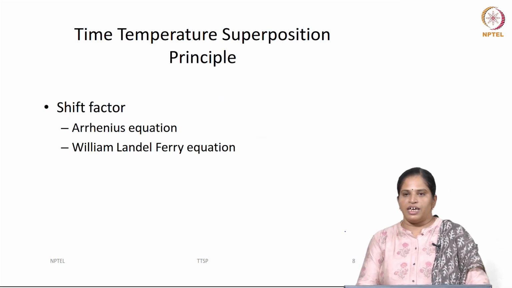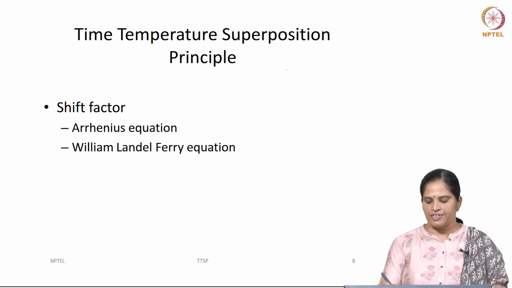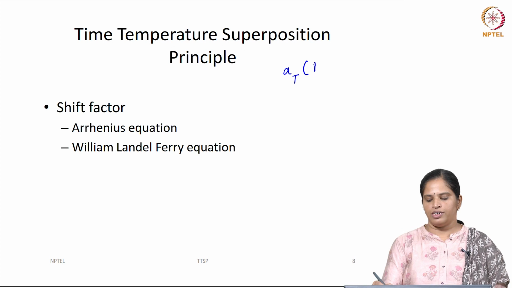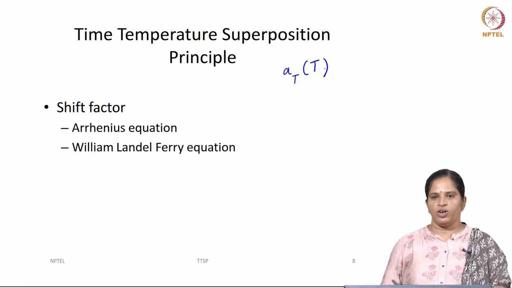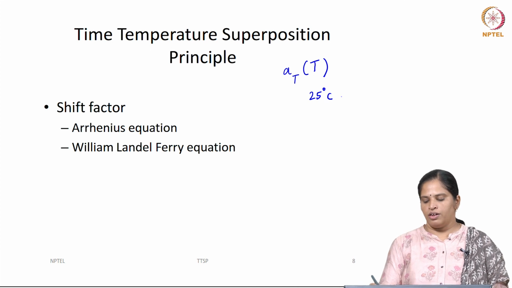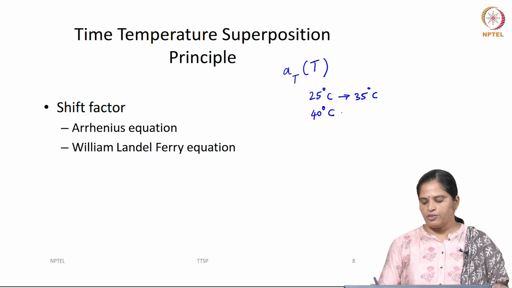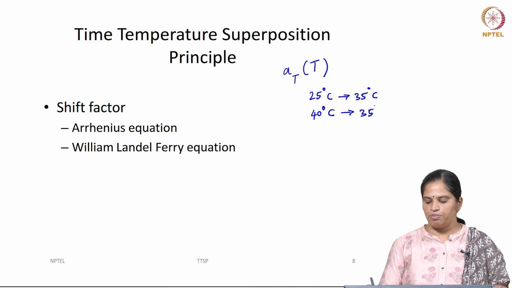Now the next question is: what is the amount of shift? As we have already seen, the shift factor AT depends on temperature. If you shift from 25 degrees Celsius to 35 degrees Celsius, the value is going to be different. If you shift from 40 degrees Celsius to the same temperature of 35 degrees Celsius, the value is going to be different.